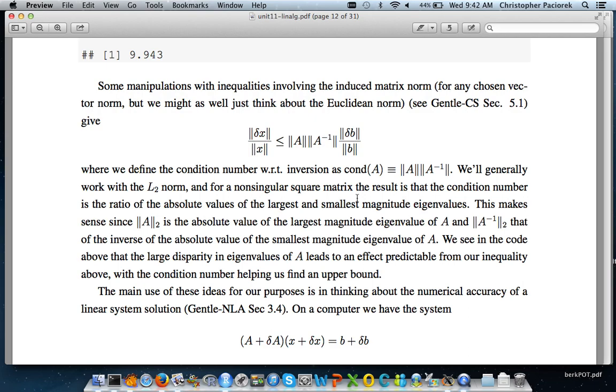And then the other thing to notice here is that when I'm thinking about this, as long as things are not too ill-conditioned, this is a term that only has the perturbation. Let's see, how am I motivating this? Well, I was going to say this. This has the actual X in it, and this has the actual A in it. So we know this is going to be rather smaller than these other terms.